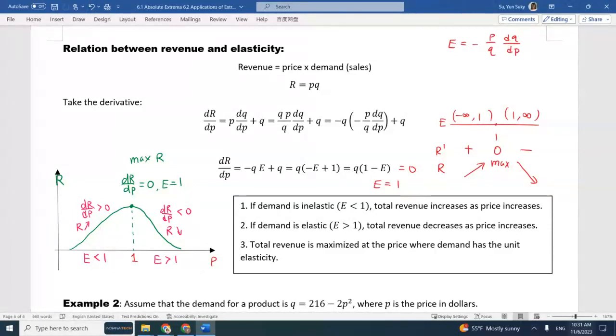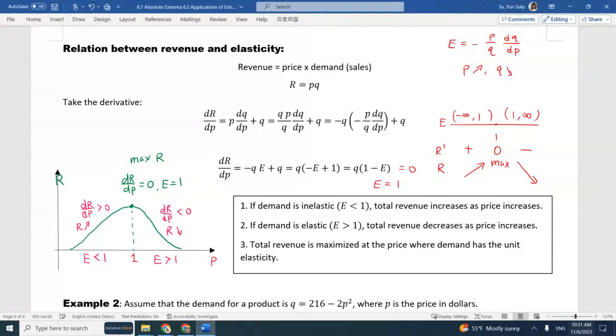And if P increases, then your Q decreases because Q is the demand. If your price is higher, do you want to buy more? No, you want to buy less, right, everybody? So if P increases, then our Q decreases, right?